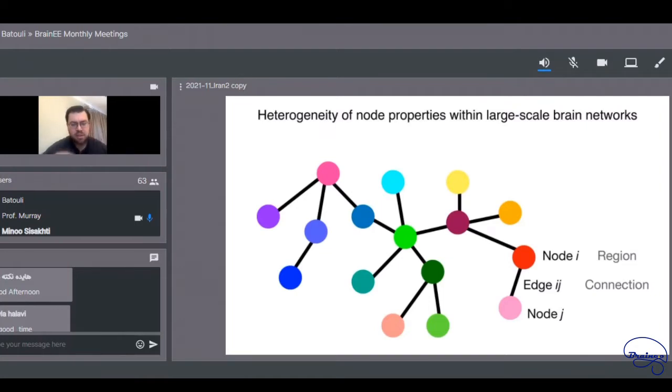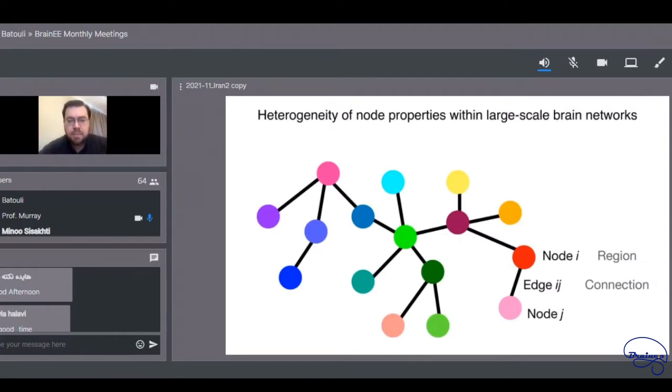And what I want to focus on, and I think this is very relevant for connecting to cognitive function, connecting to disease, psychiatry, pharmacology, et cetera, is looking at the heterogeneity of the node properties within these large-scale networks, right? In other words, what makes each local brain area unique and different from other areas, and how does that impact what we see at the large-scale network level? How does the local impact the global in that sense, right?